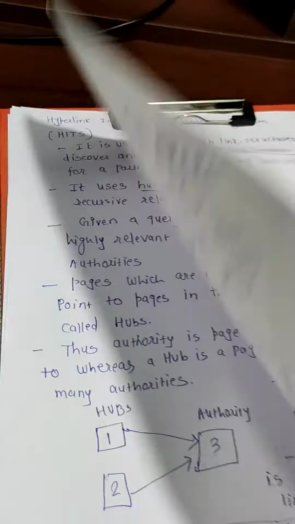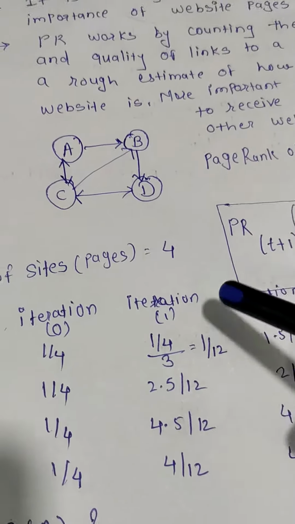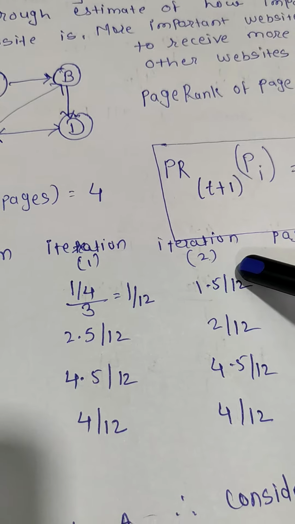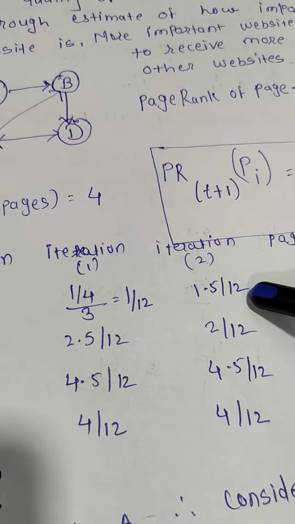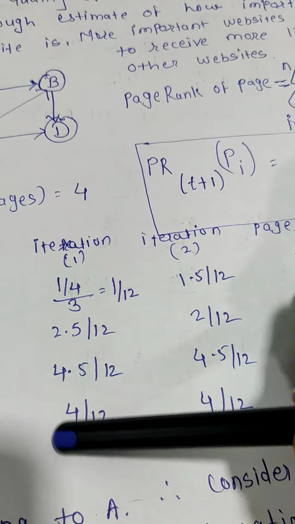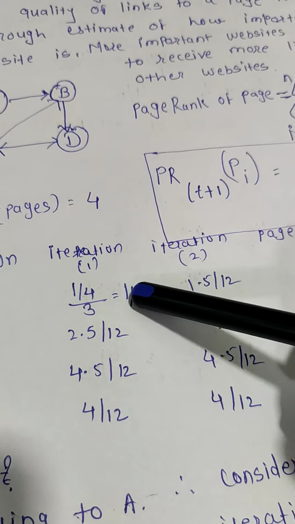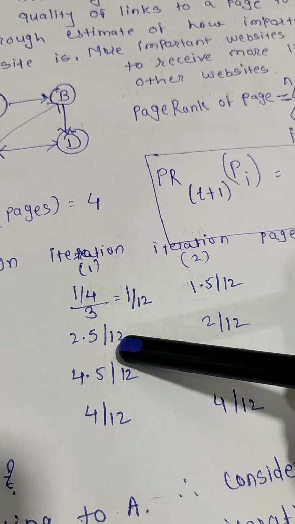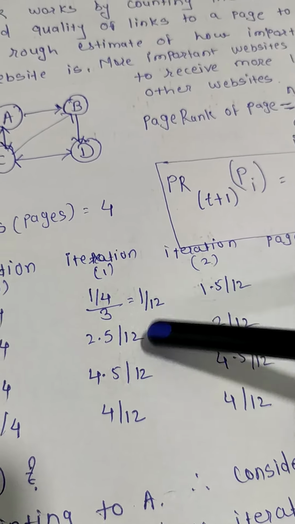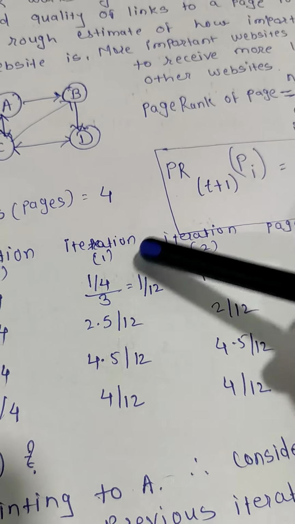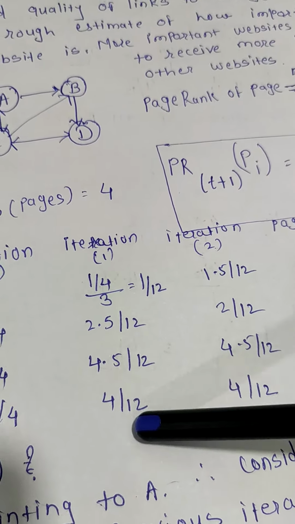So this is for iteration 1. Same we can calculate for iteration 2. Now for iteration 2, the new page rank values are this. To cross check whether our calculated page ranks of every site are correct or not, we have to sum all these page ranks.